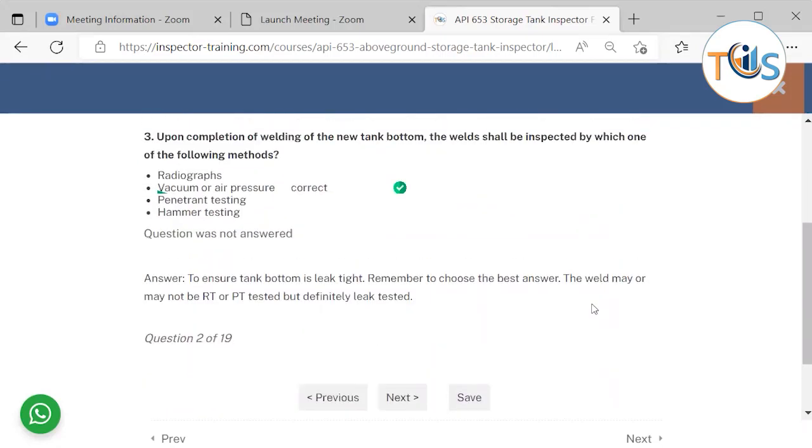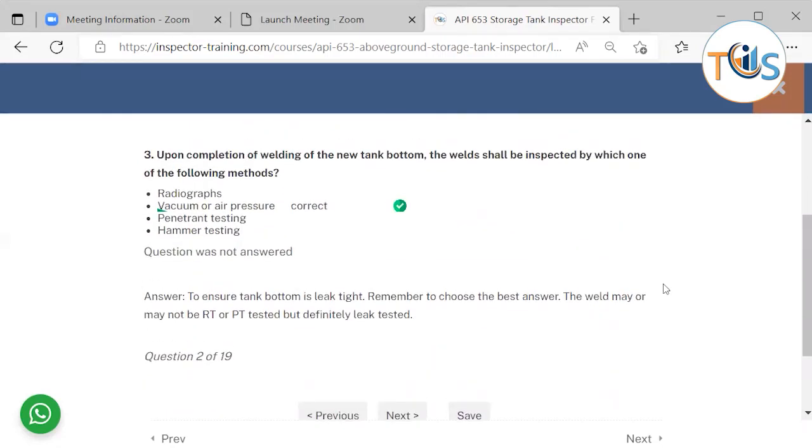Next question: upon completion of welding of the new tank bottom, the weld shall be inspected by which of the following methods? Now, you might want to do radiography or penetrant test, but unless it's specified, it's not a must. But you surely need to do a vacuum test to see that the weld is leak tight.